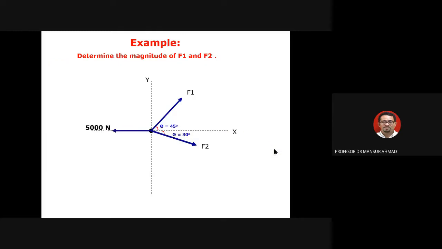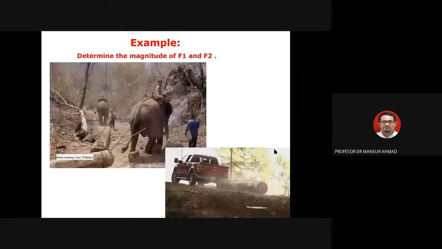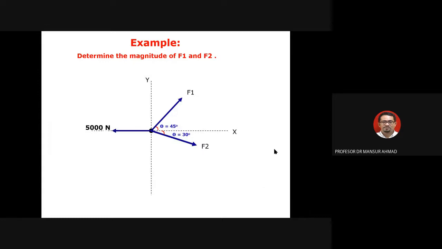This picture, go ahead and take a look at it. Why I show you this picture is because I'm trying to have that feeling again, merasakannya lah. Kalau nak tarik kayu balak, mesti gunakan kabel apa ni, chain, cable chain, rantai besi, ya.